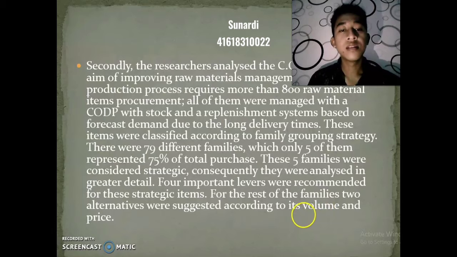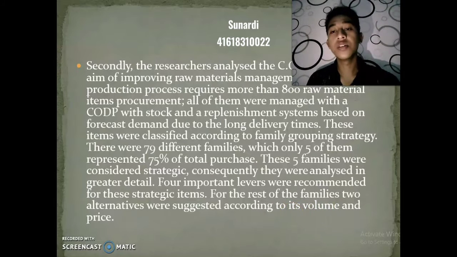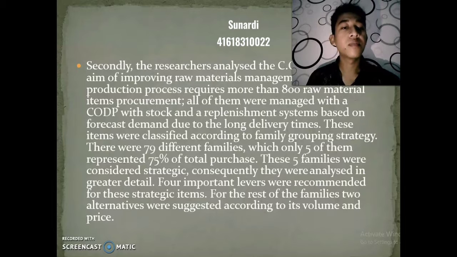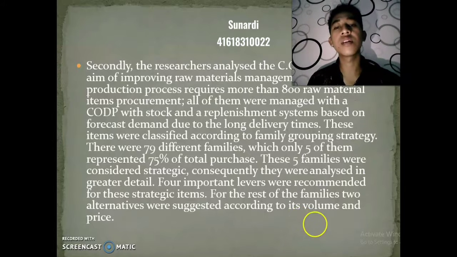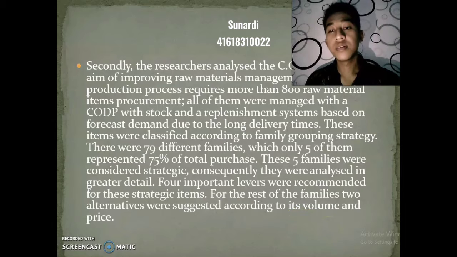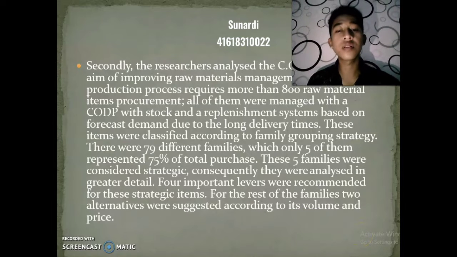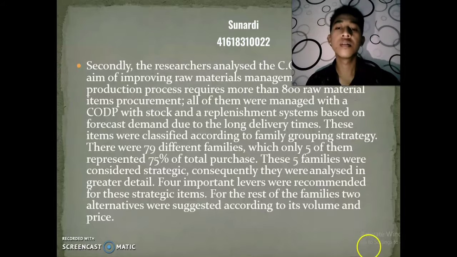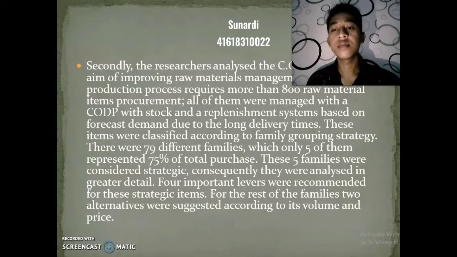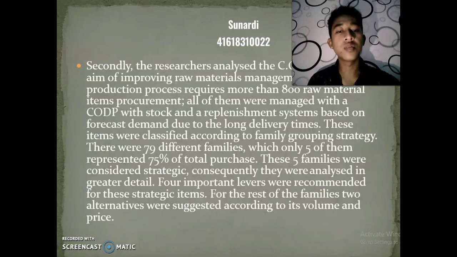Secondly, the research analyzed the COTP with the aim of improving raw material management. The client X production process required more than 800 raw material item procurements.